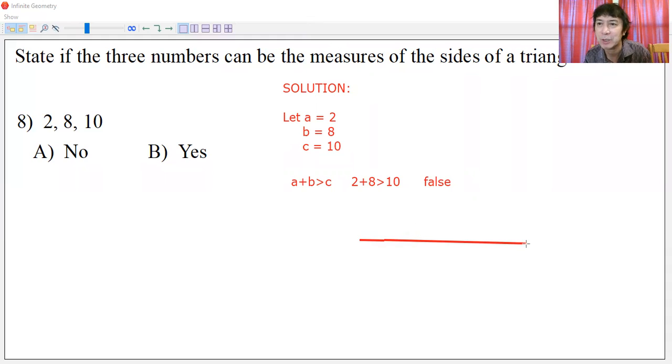It will form just a line segment. It will not be a triangle. All right, so we are not going to consider this figure. So 2 plus 8 must be greater than the third side, so that we can at least have a triangle that looks like this.